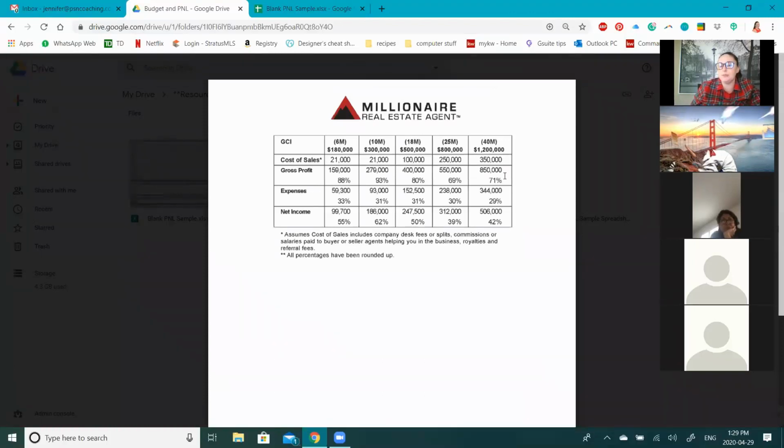And what it shows you sometimes, and this is the interesting part, is if you take a look at this, when you're making 300,000 compared to 180,000, you're netting 62%. You're netting more because you're still a solo agent in their eyes at this level. You're doing this on your own with just probably one administrator, so your costs aren't as high, but you're netting more money, right?